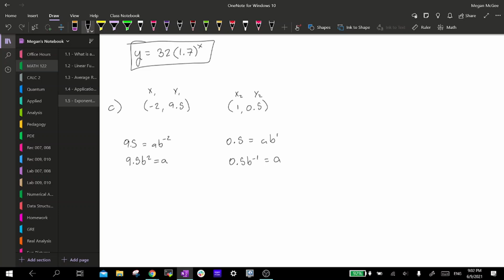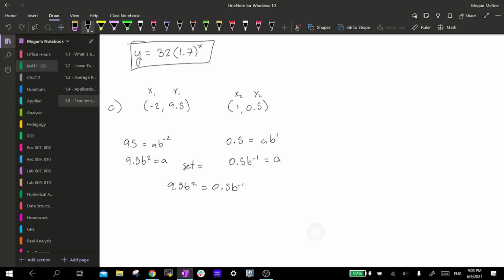Technically, I'm dividing by b. So what I've done here is solve for a in both equations, which means I can now set these equal. So I have 9.5 b squared is equal to 0.5 b to the negative 1.